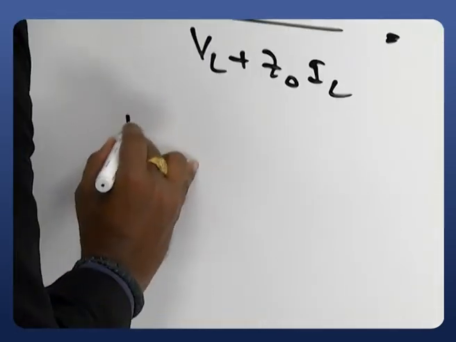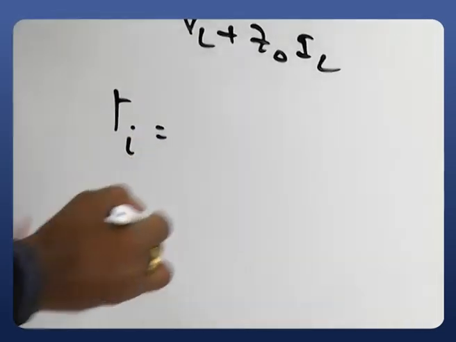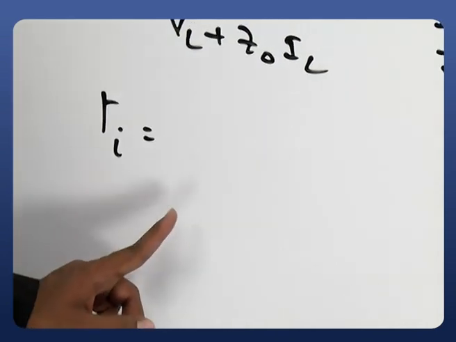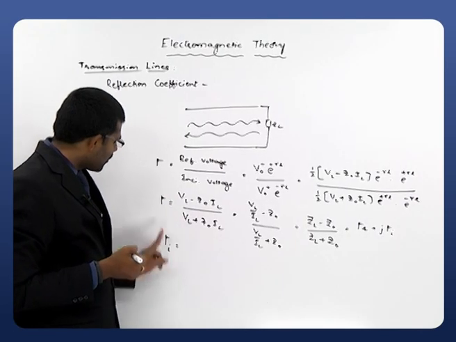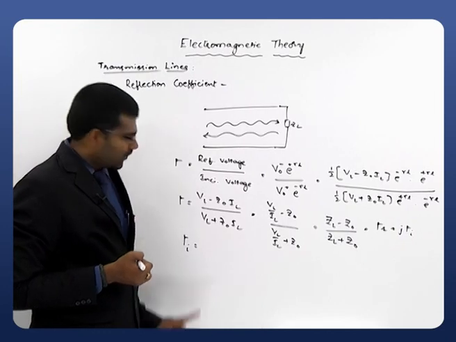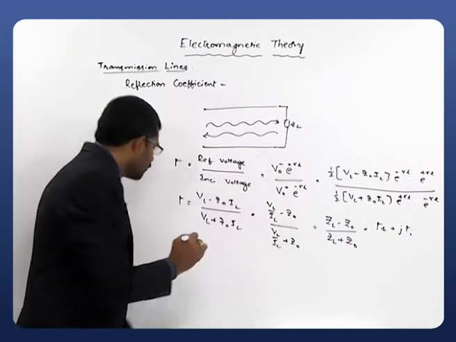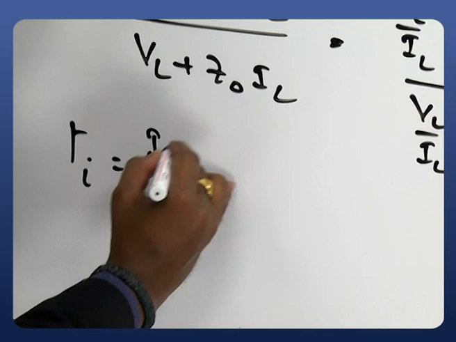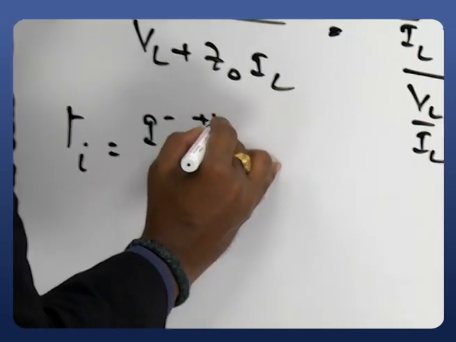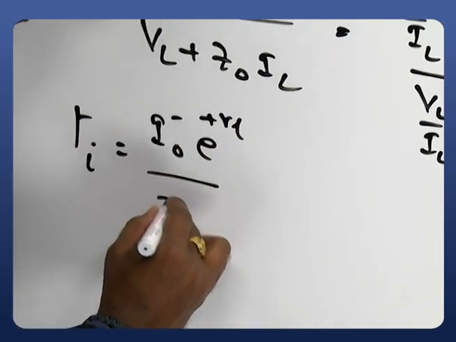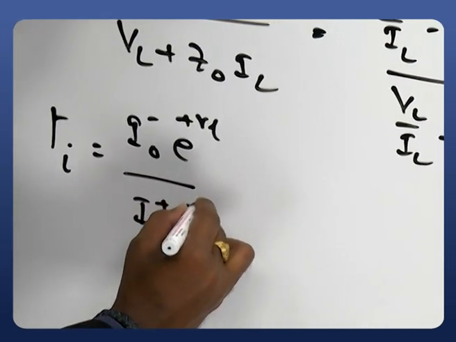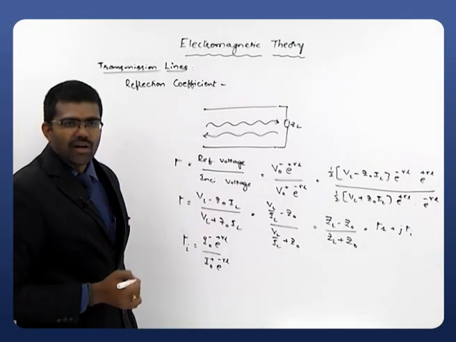I am considering the current reflection coefficient gamma with suffix I, added to differentiate it from the voltage reflection coefficient. Gamma I is equal to I0 minus e power plus gamma L divided by I0 plus e power minus gamma L.